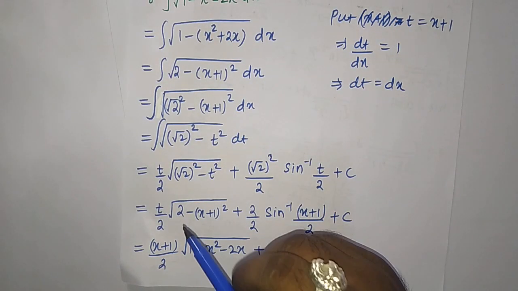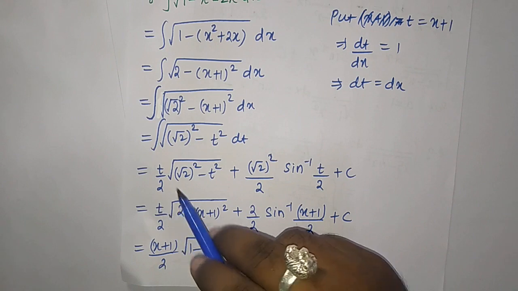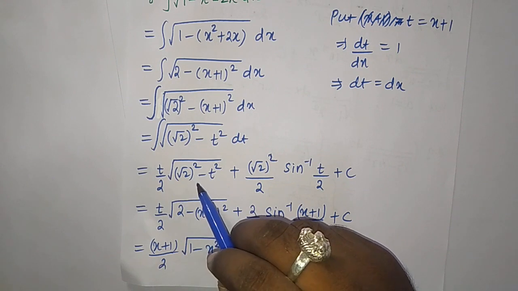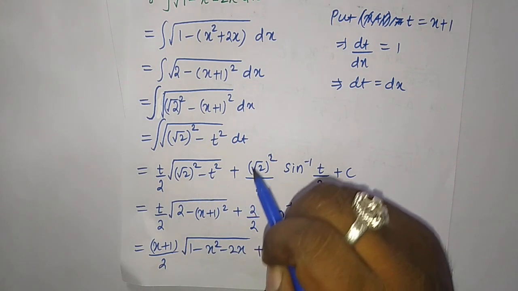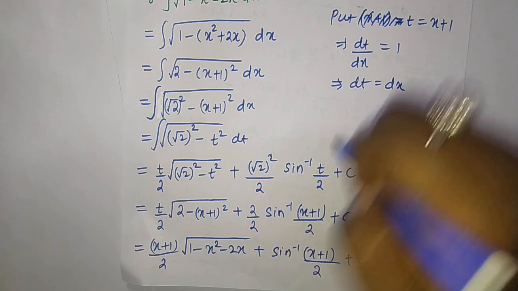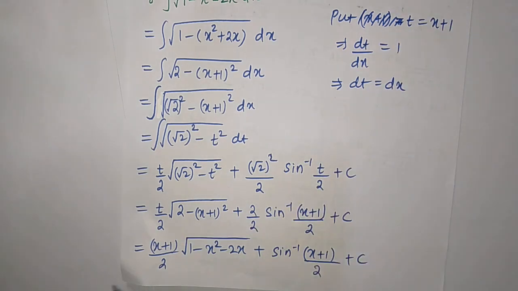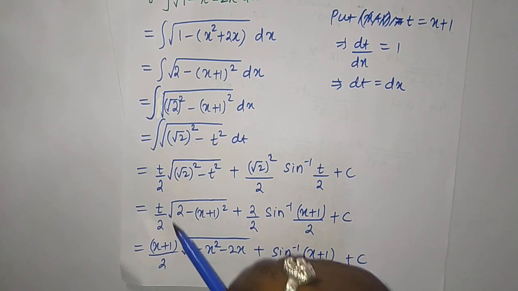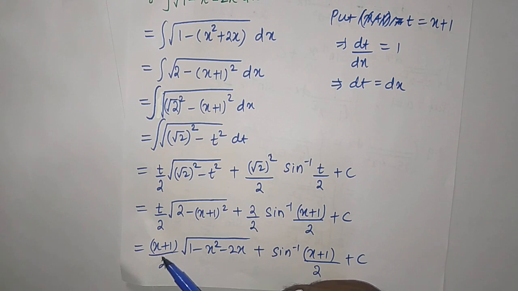After applying that formula we get t by 2 root over of root 2 whole square minus t square plus root 2 whole square by 2 sin inverse t by 2 plus c. Simplifying this, in place of t I put x plus 1, so you have x plus 1 by 2.